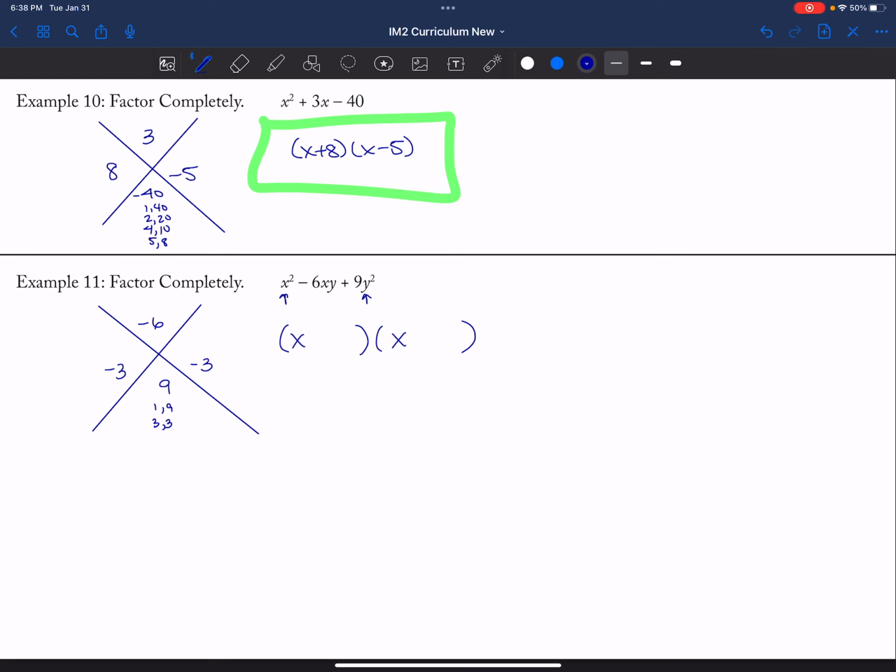And then I was just putting the number, negative 3. But because I have that y squared, I actually have to split up my y also. So this is negative 3y. Because I have two of the same parentheses, I can rewrite this as x minus 3y, the quantity squared. The question will be, do I expect you guys to do that? And yes, I do. Okay? And that is it for this lesson.